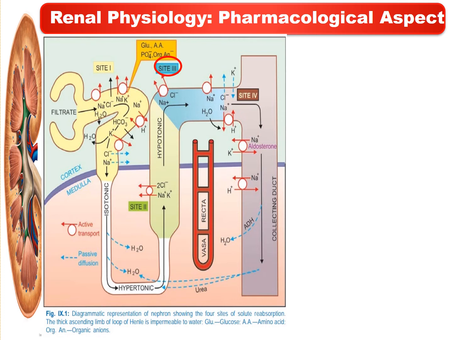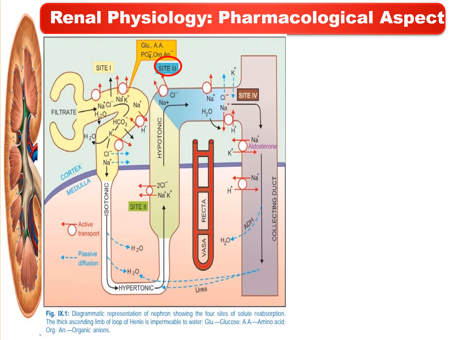In this loop of Henle, the reabsorption of water takes place by passive diffusion, due to which the urine becomes hypertonic.